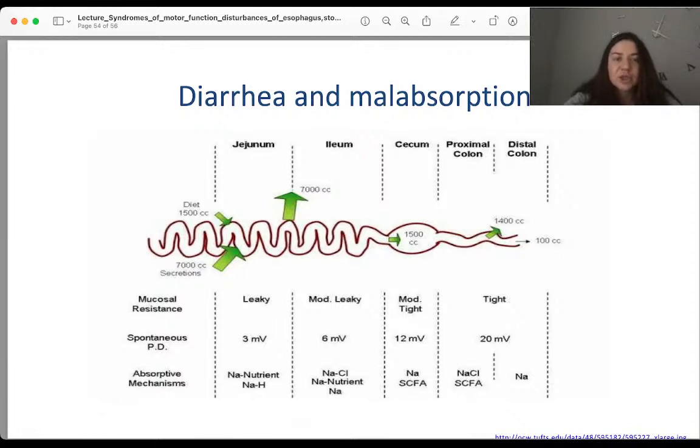And other changes in diarrhea at the level of the ileum, cecum, proximal colon and distal colon, according to changes in mucosal resistance, in spontaneous PD, in absorptive mechanism. We can determine at what level and what the cause of diarrhea is.